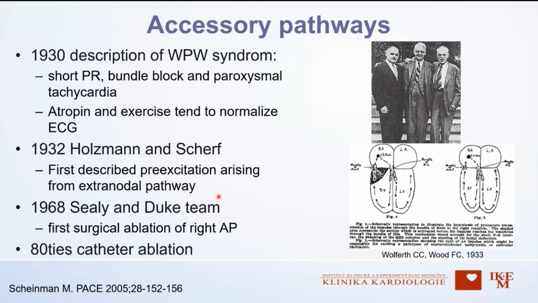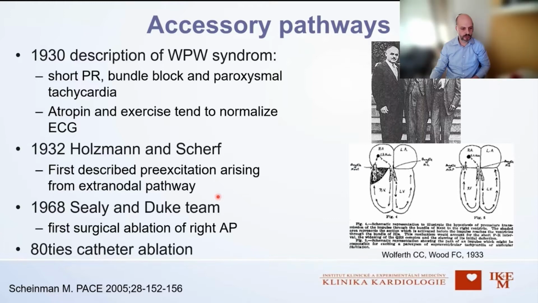The first therapy came in the late 60s. It was a surgical approach, obviously. And in the 80s, there was the start of the catheter ablation era, and that's the dominant way of treatment for our patients today. And that's what we're going to discuss.